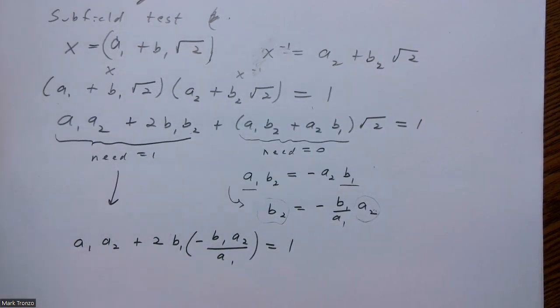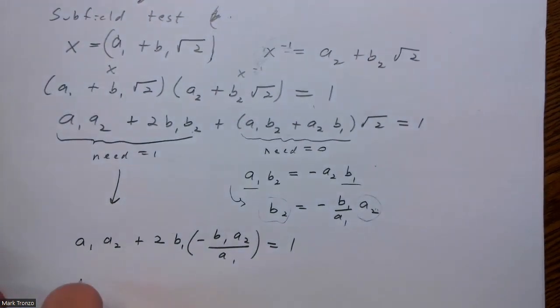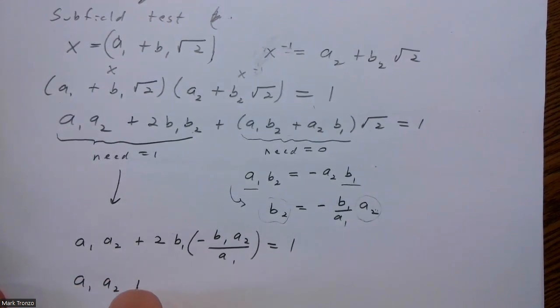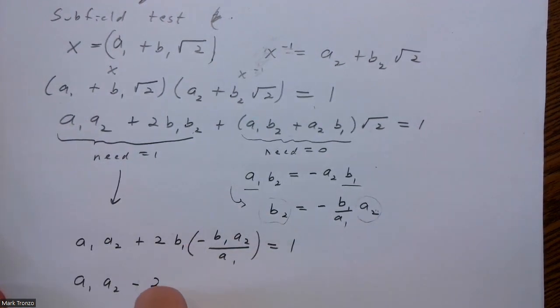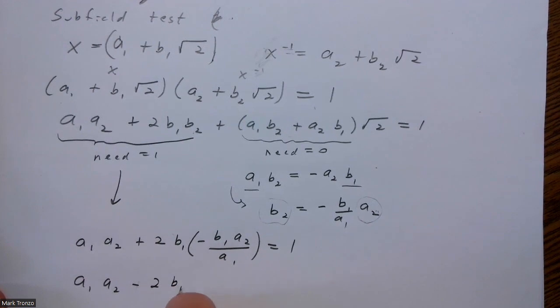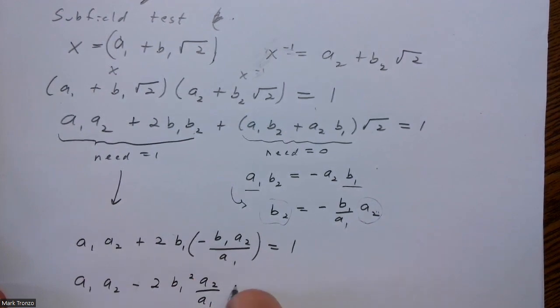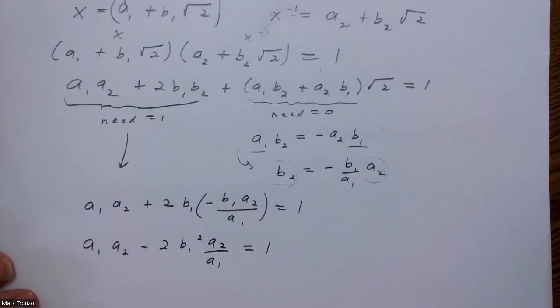We want that to come out to be 1. And so this is going to be a1 a2 minus 2 b1 squared a2 over a1 equal to 1.